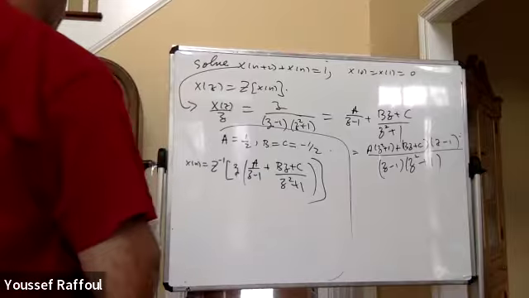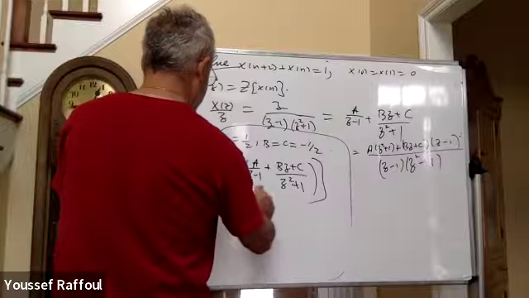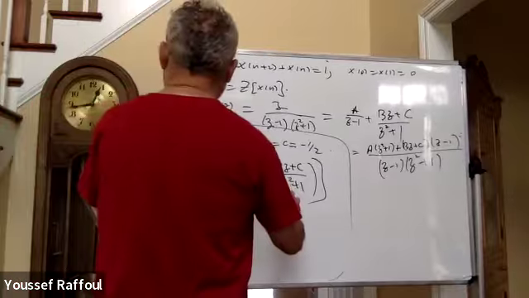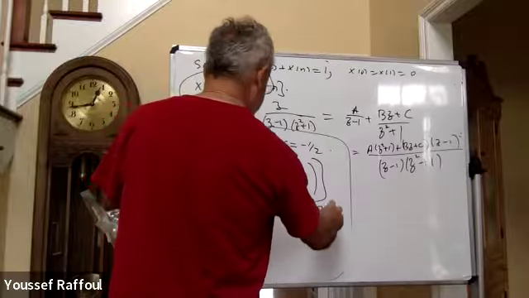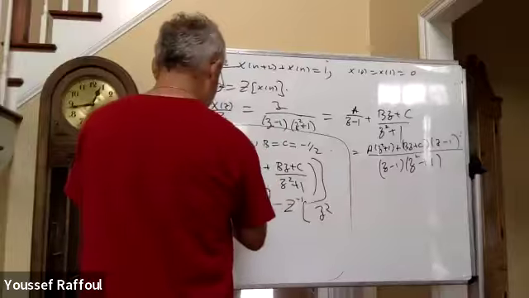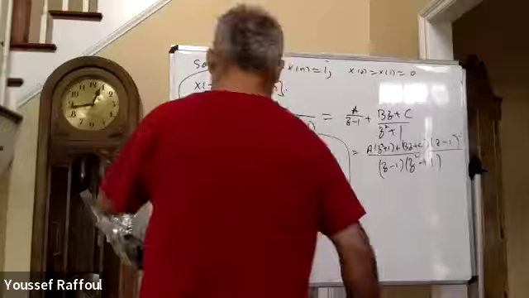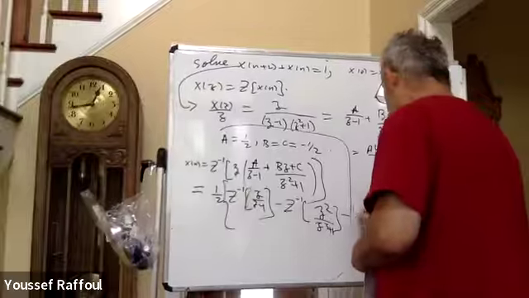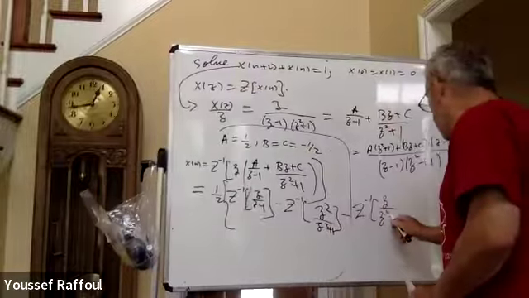And that is 1/2 z inverse of z over z minus 1, minus z inverse of z squared over z squared plus 1, and then minus z inverse of z over z squared plus 1.